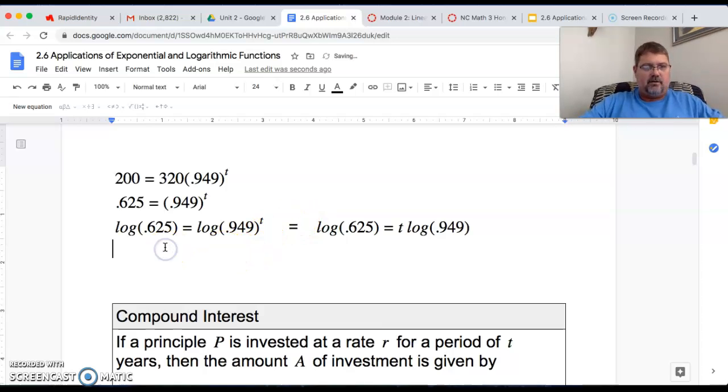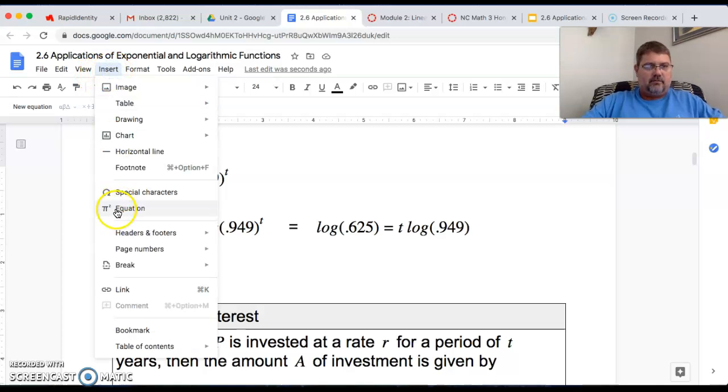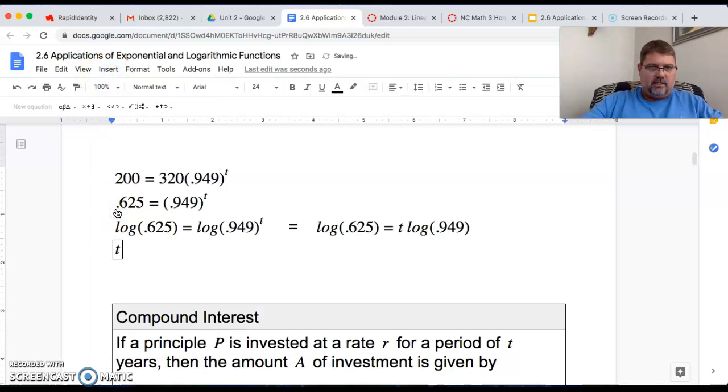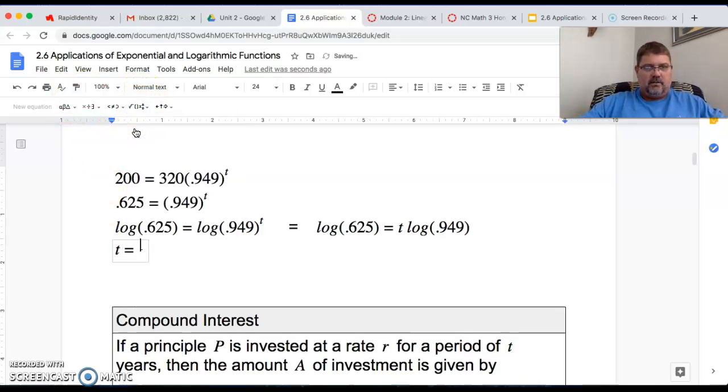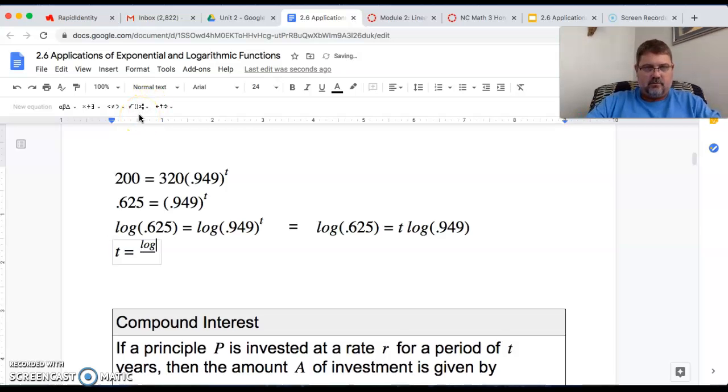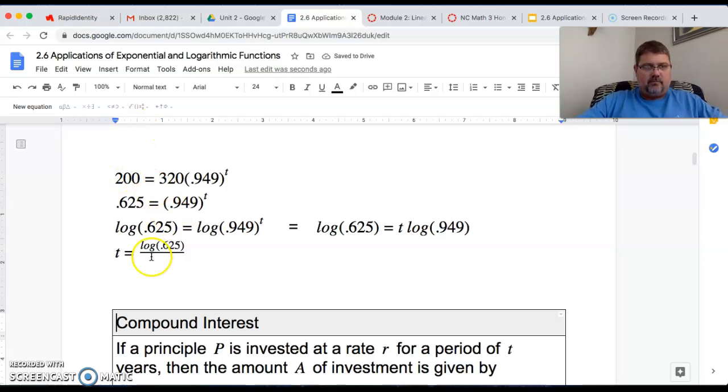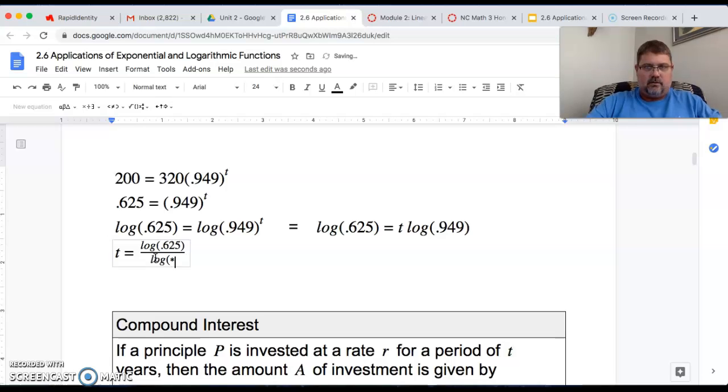Finally, t equals, make that a fraction, log of 0.625 divided by log of 0.949.